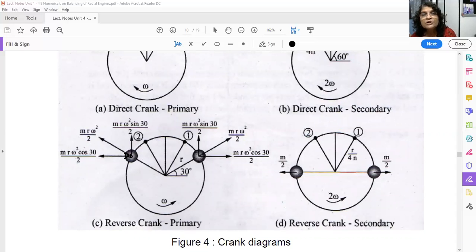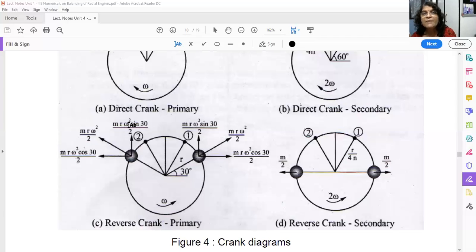So the horizontal component is mr omega square by 2 into cos 30. Okay. And this is also mr omega square by 2 into cos 30. So this component of force will be balanced by this component of force. Okay. So what is remaining now? This vertical component, which is sine component, plus this vertical component, which is also sine component. So this plus this will give you unbalanced reverse primary force.